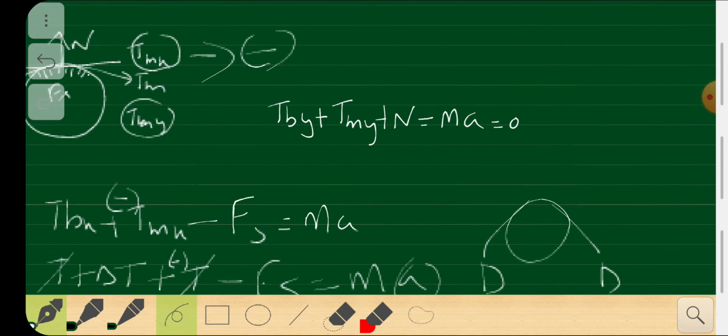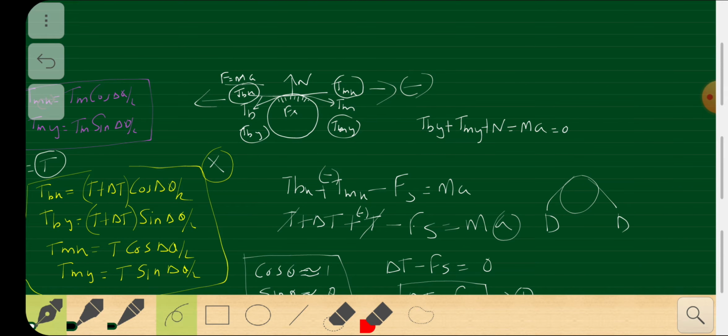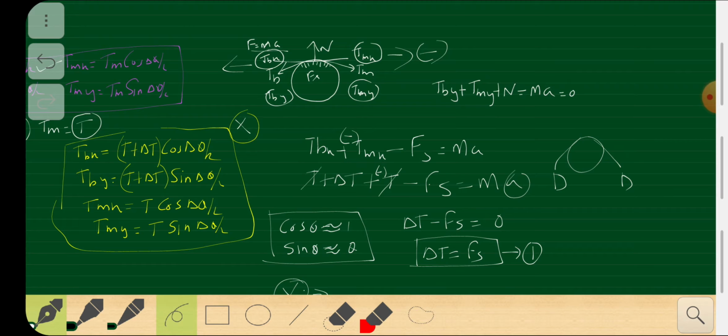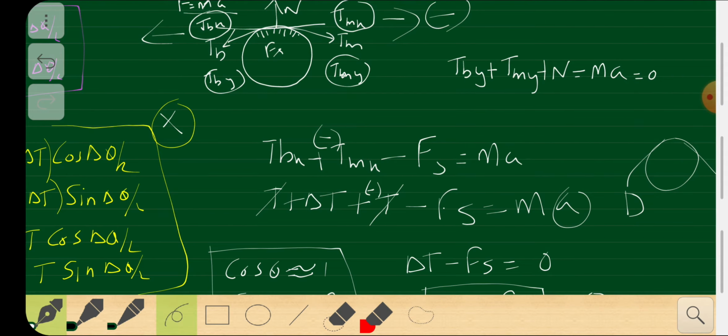Now I can substitute for the values of TBy and TMy here. So TBy will be T plus delta T times sine delta theta by 2, and sine delta theta by 2 is just delta theta by 2.